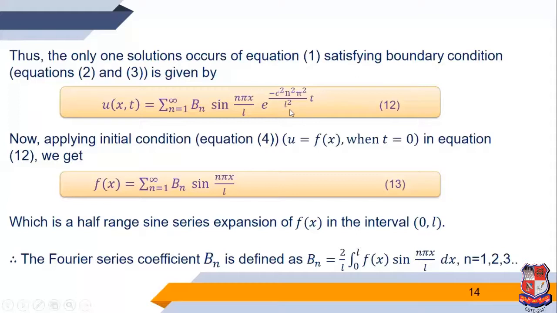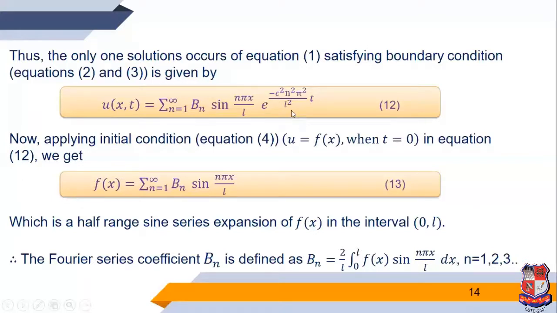So finally, the solution of the one dimension heat equation with boundary condition and initial condition is u(x,t) equals summation n is 1 to infinity Bn sine(n pi x by L) e raised to minus c square n square pi square by L square into t, where Bn is the half range sine series coefficient, 2 by L integral 0 to L f(x) into sine(n pi x by L) dx.